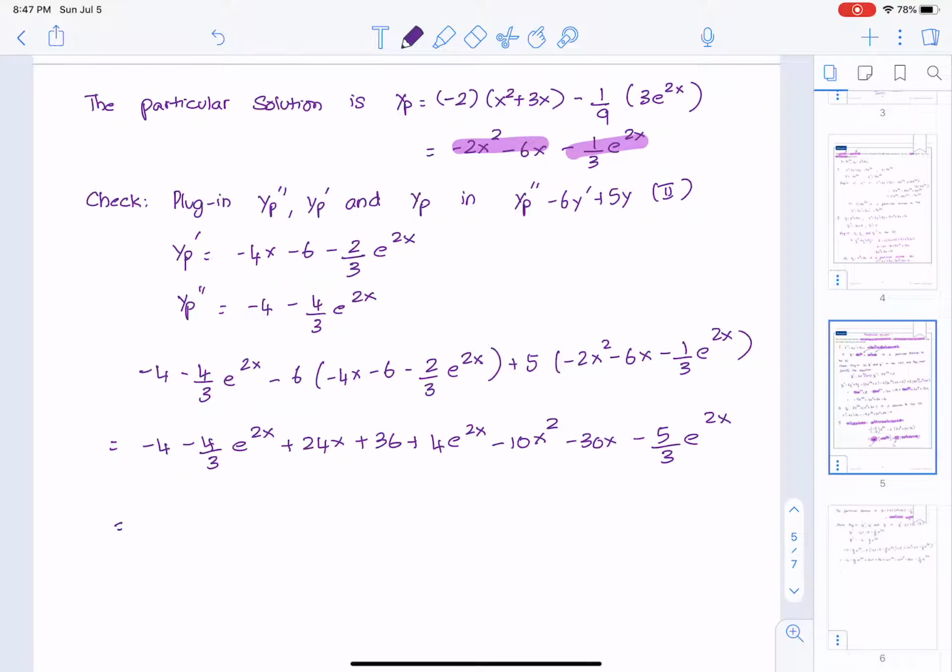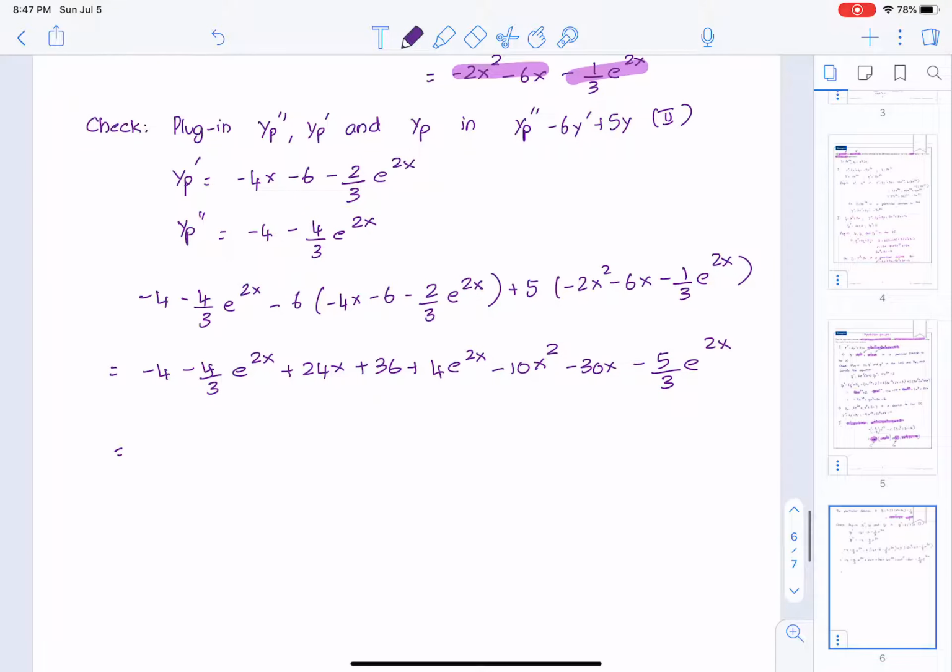Let's start adding things up. The e raised to x terms, if I combine that term and that term, we have 36 minus 4 is 32. Combine those two, I have negative 9 over 3 e raised to x. Plus the x terms, 24x minus 30x would be negative 6x.